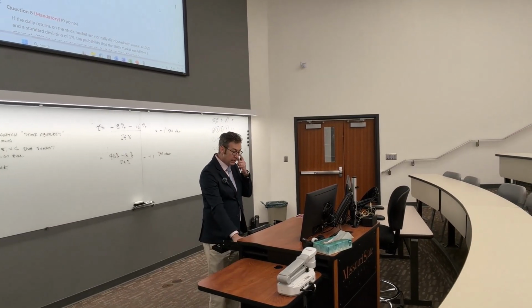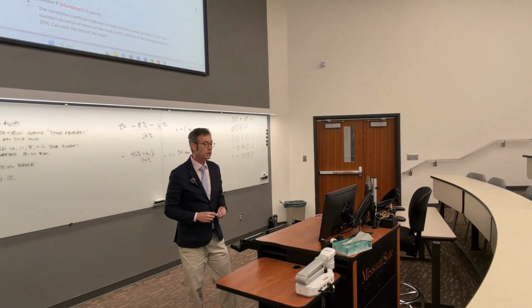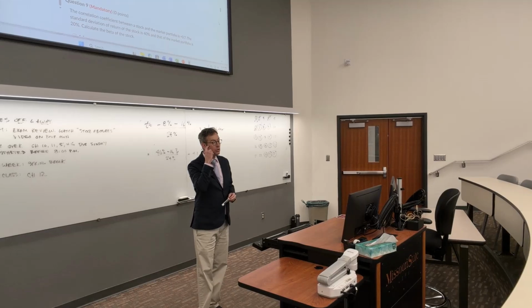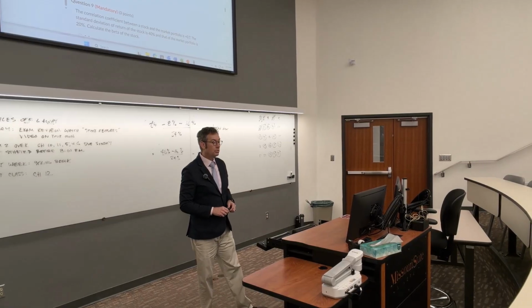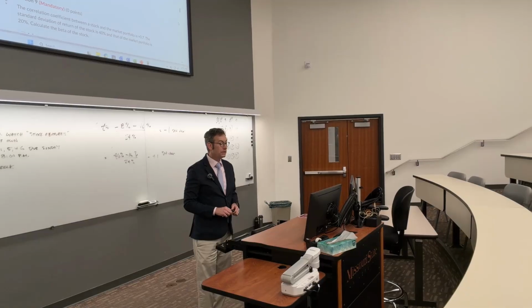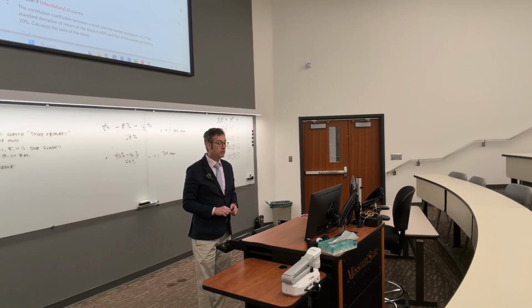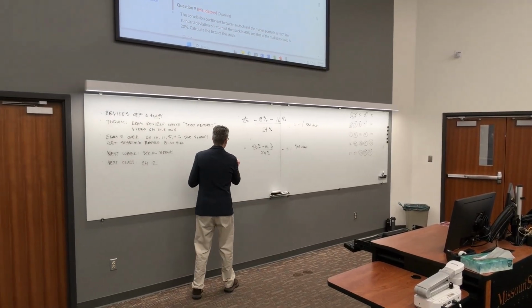Number 8. If the daily returns on the stock market are normally distributed with a mean of 0.05%, by the way, that's really low, right? That's tiny. And a standard deviation of 1%, the probability of the stock market having a return of negative 23% or worse on one particular day is approximately... Okay, so we've got minus 23.